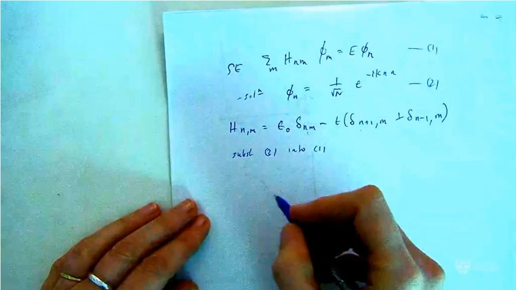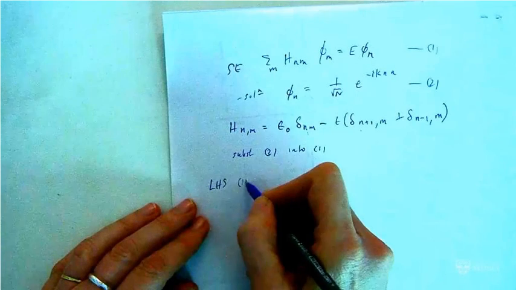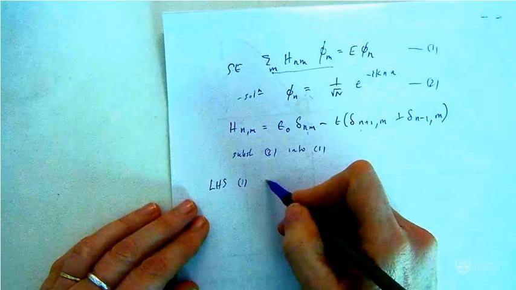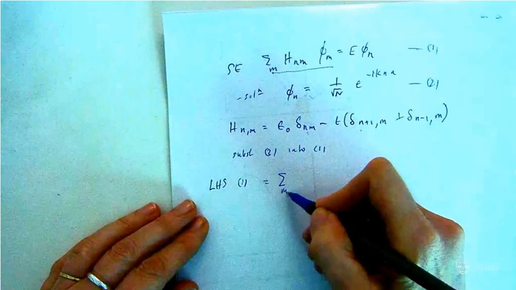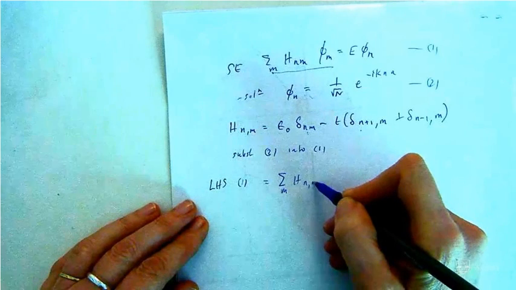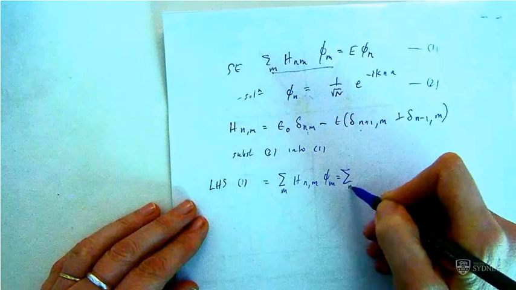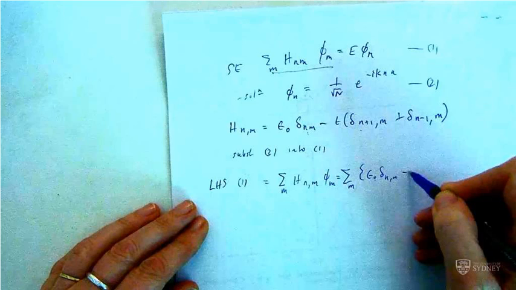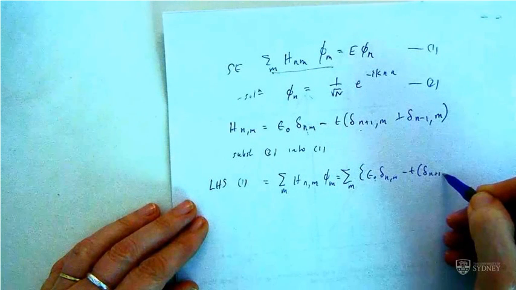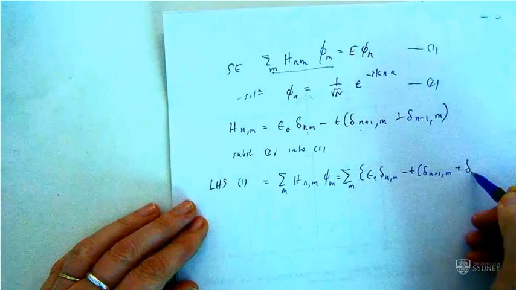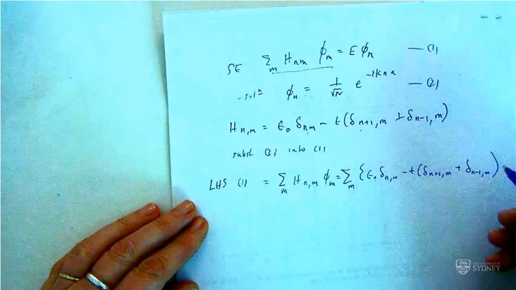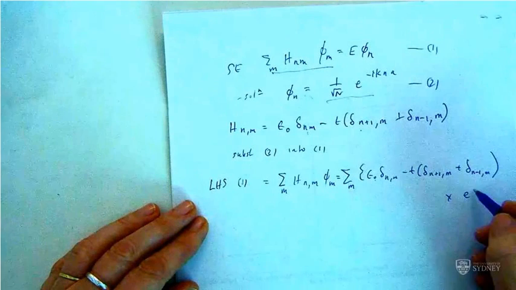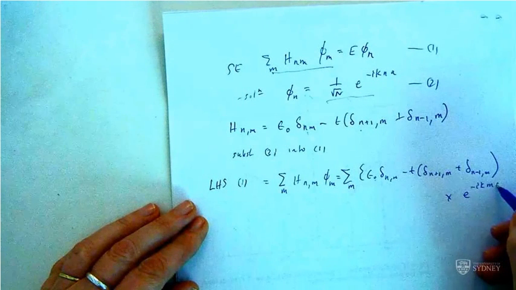If we look at the left-hand side of equation 1, which is first of all the Hamiltonian part, then we will get the sum over m, n, m, phi of m, sum over m, E0 n m, delta n plus 1 m plus delta n minus 1 m, all multiplied by our phi here, e to the minus i k m a, normalized.